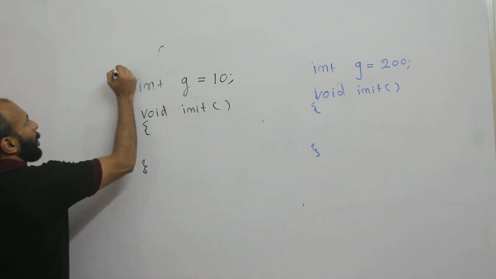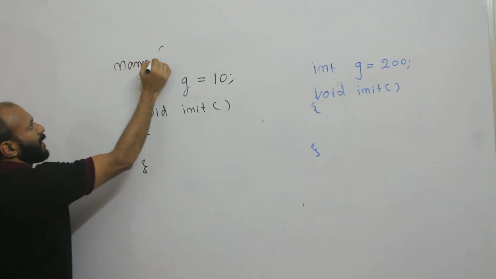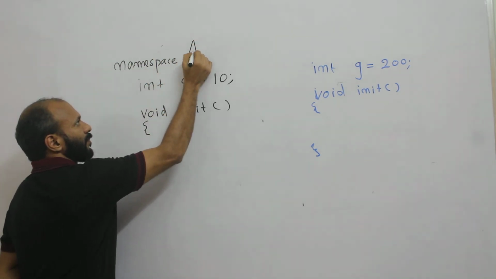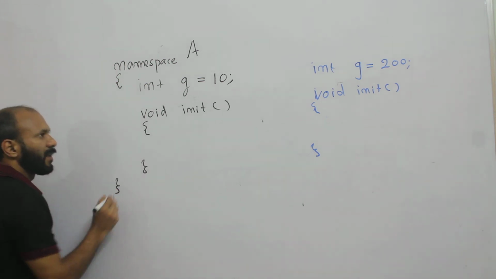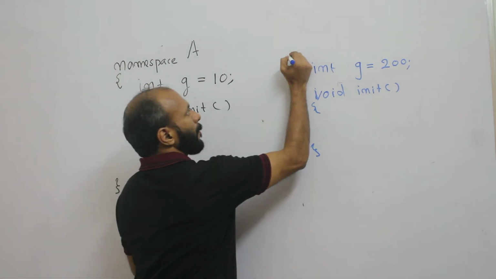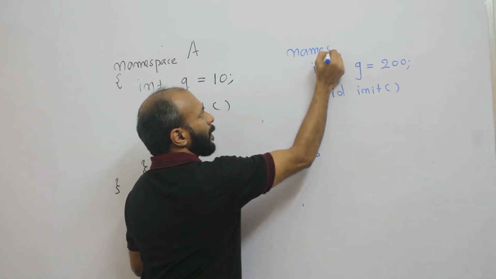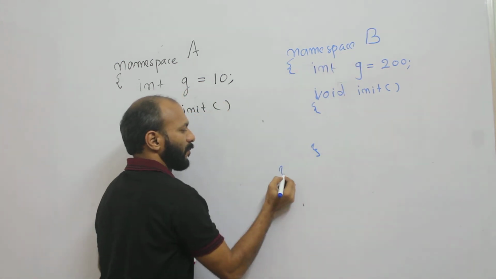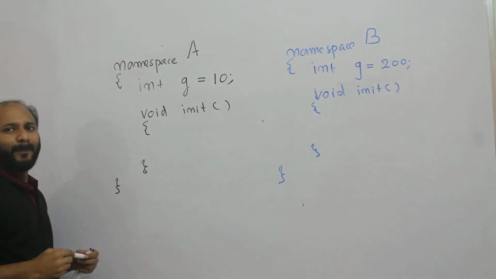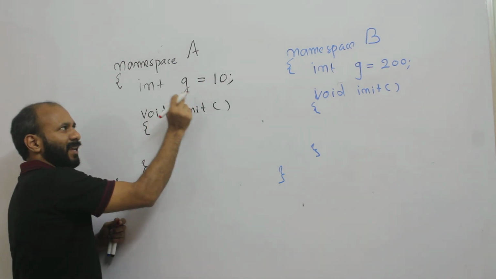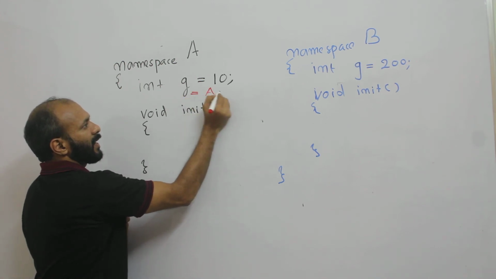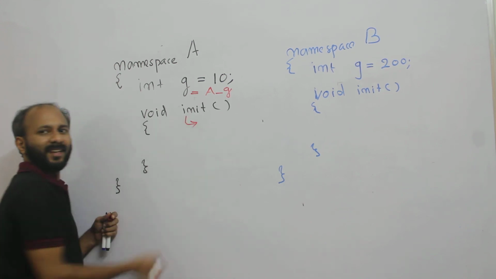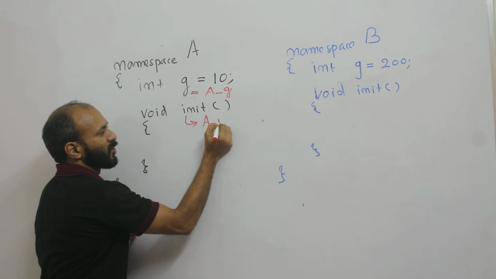Now here I am writing namespace, and I am putting the name of the namespace as A. Here I am writing namespace, and I am putting the name of the namespace as B. Now you can see the compiler is internally considering this name as A underscore g, and this name as A underscore init.